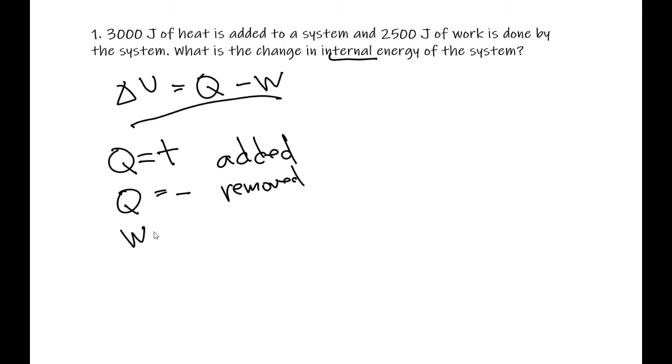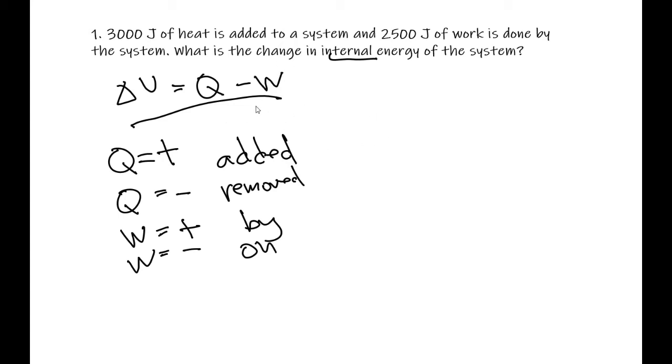If work, or W, is positive, it means that work is done by the system, and if work is negative, work is done on the system. So with this basic concept, we should be able to solve this basic problem.